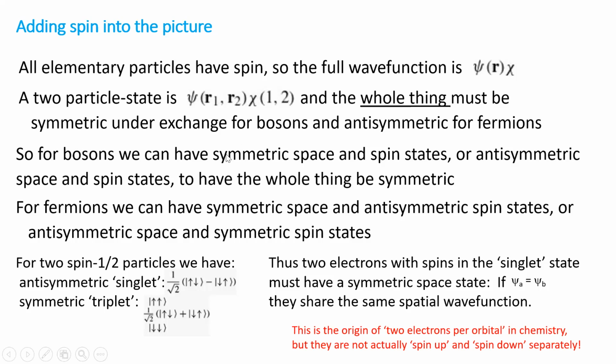And then the fact that bosons, as a result of this, have an effective attractive exchange force, so they spend time closer to each other than fermions. And then finally, when we include spin, we see that the total wave function, including space and spin, has to be symmetric for bosons and antisymmetric for fermions. And that gives several possibilities for how that can be achieved. And we see that we can get a little insight into the two electrons per orbital rule in chemistry.